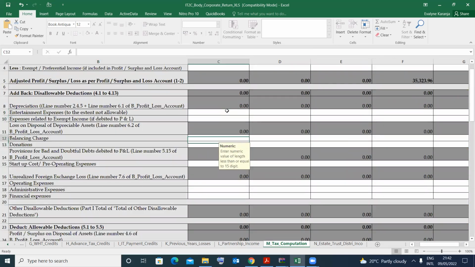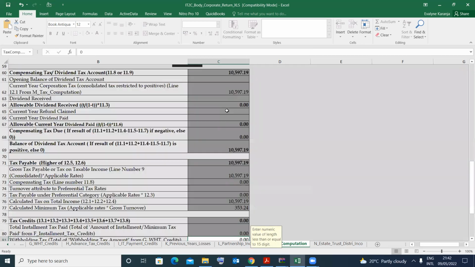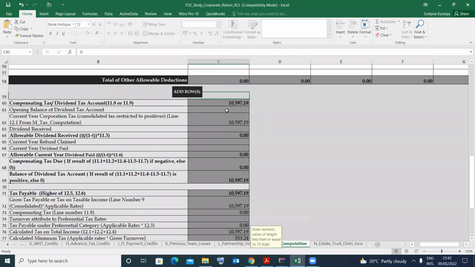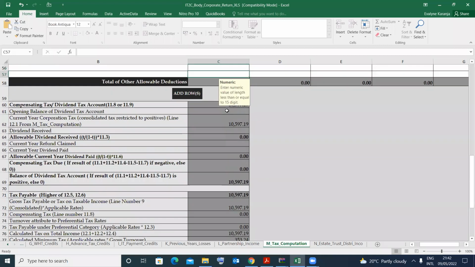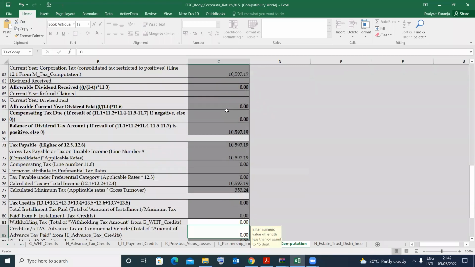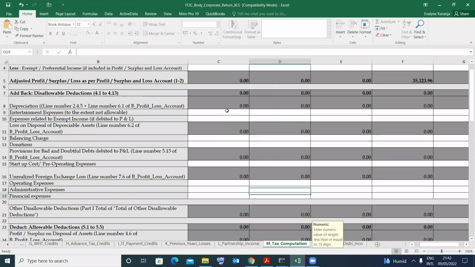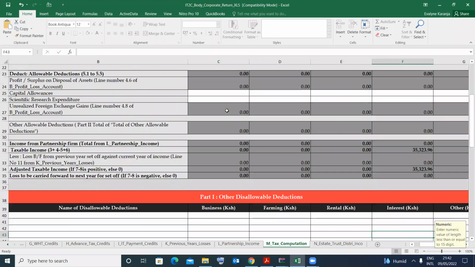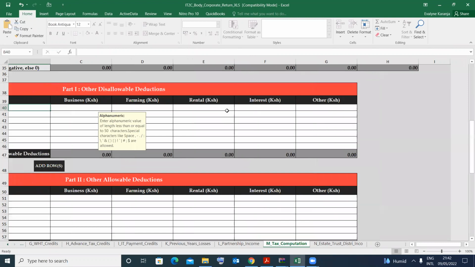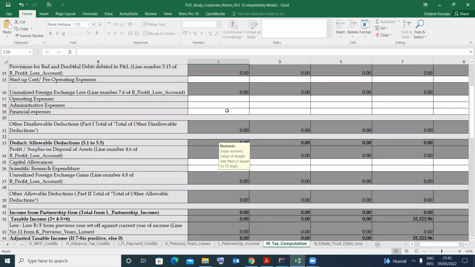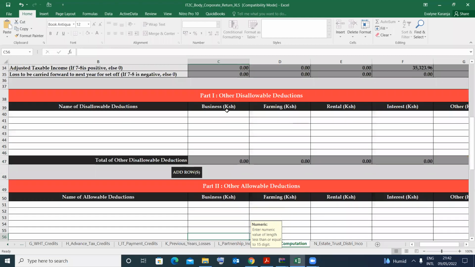Buchukua 35,323.96. Tuone kama inatupia the same exactly. Itatupia ngapi? $10,597.19. You see, automatically it calculates for you. So you don't need to take the 30%. Hii yenyewe tu inajipopulate. Tuko pamoja hadi hapo?